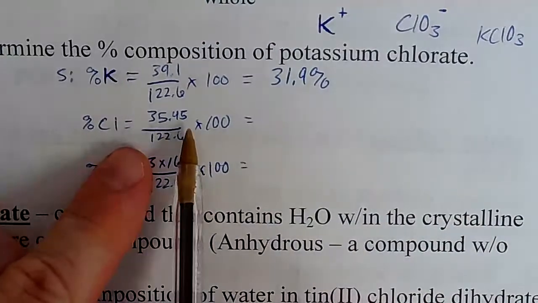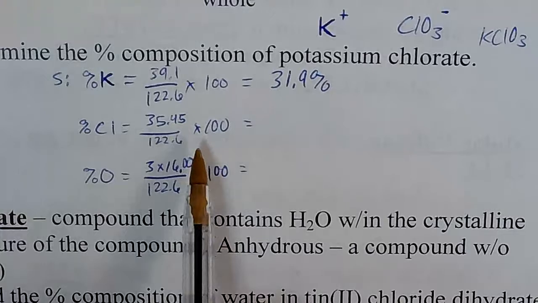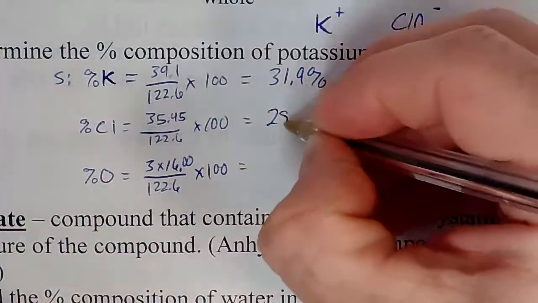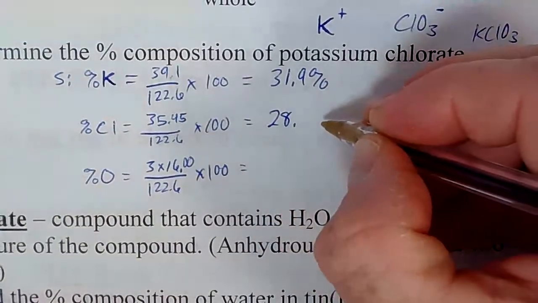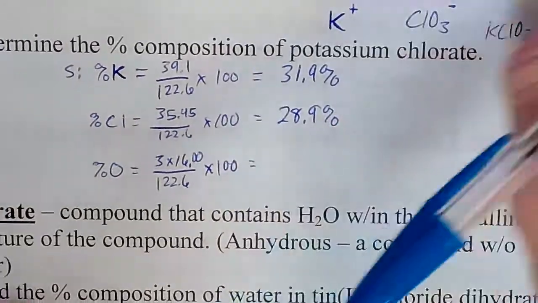All right. 35.45 divided by 122.6. 28.9. Second. Okay. James, have you actually done those?